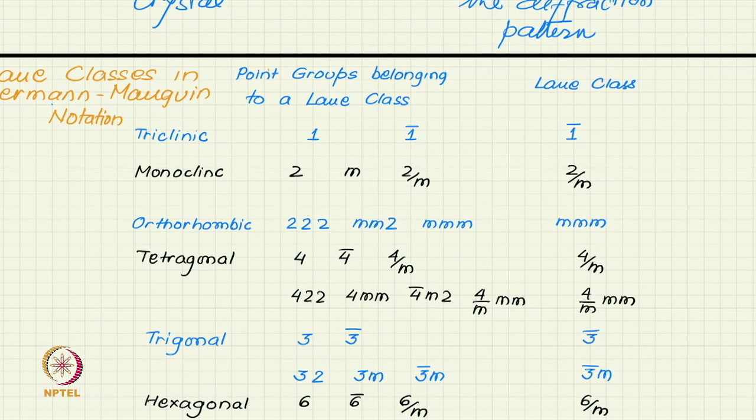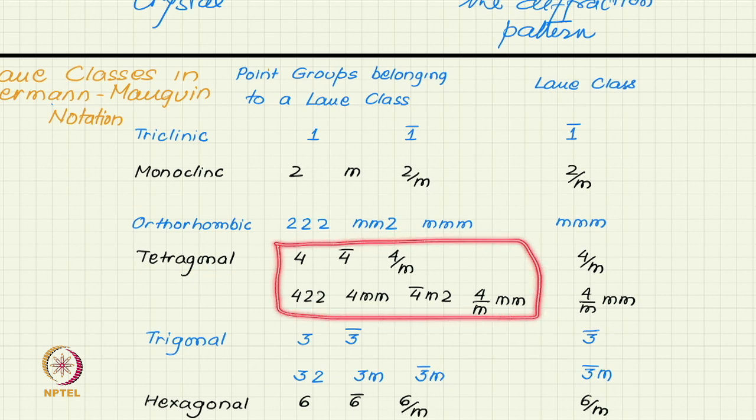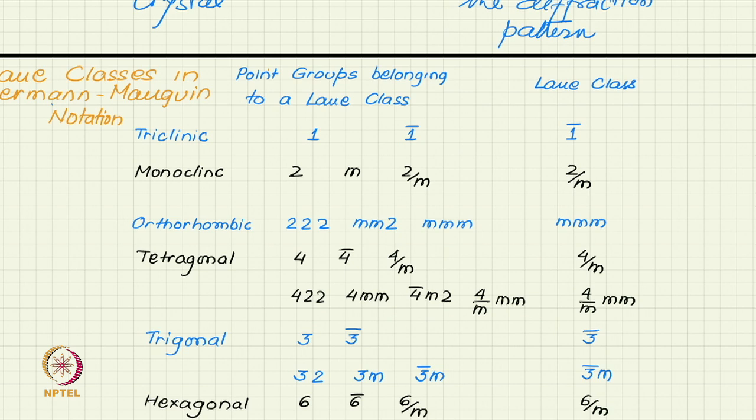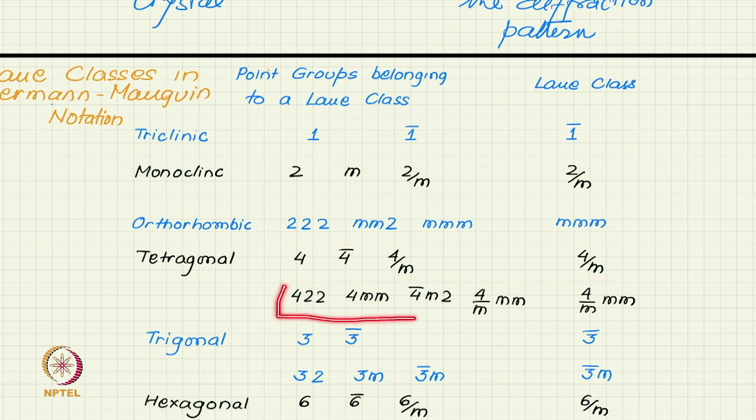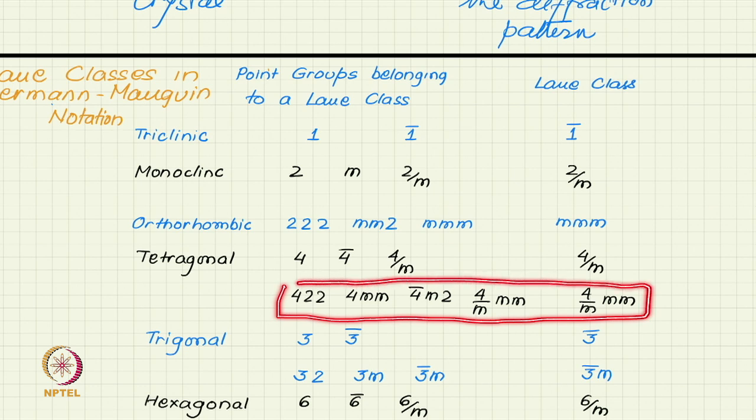In the tetragonal crystal system, there are 7 point groups, but they belong to 2 different Laue classes. 4 bar and 4 by m belong to one Laue class 4 by m, and 4 2 2, 4 mm, 4 bar m2 and 4 by m mm represent another Laue class 4 by m mm.